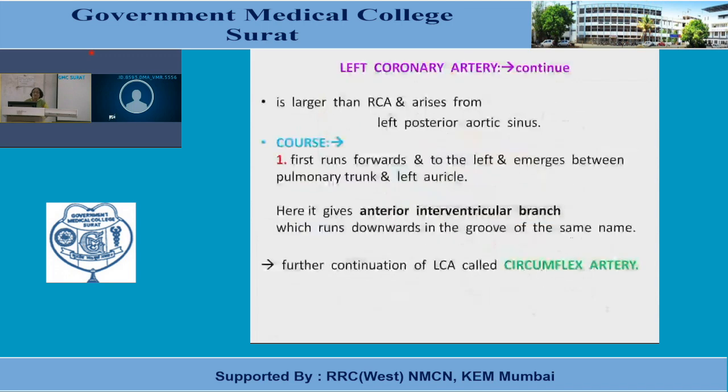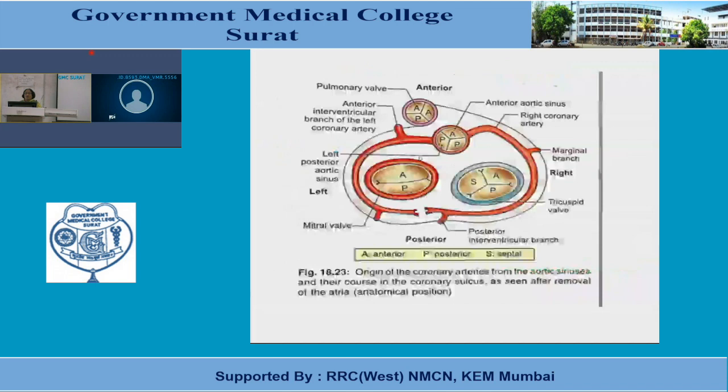Now, the left coronary artery. The left coronary artery is larger than the right coronary artery and arises from the left posterior aortic sinus. We can see here the ascending aorta gives rise to the anterior aortic sinus, which gives the branch called the right coronary artery.